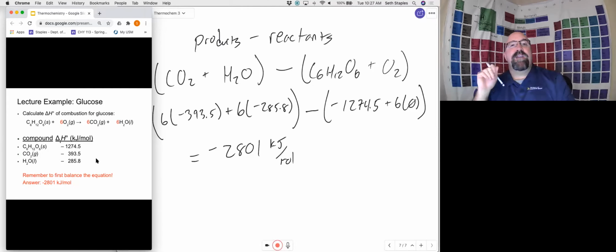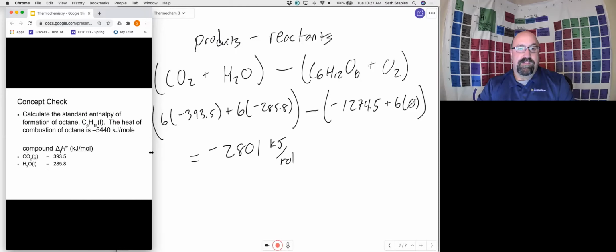Be very, very careful about your signs here. You can see pretty quickly that if you forget one negative sign, you're done. That's going to throw your whole answer off. So be very, very particular about making sure that you have negative signs where you need them and that you're carrying that through with the math as you do it.